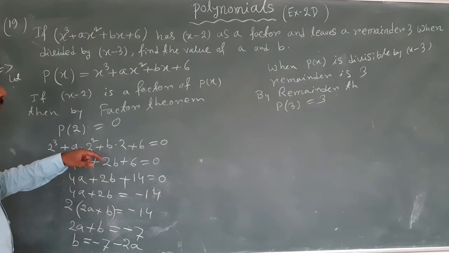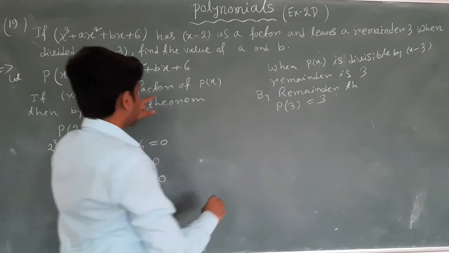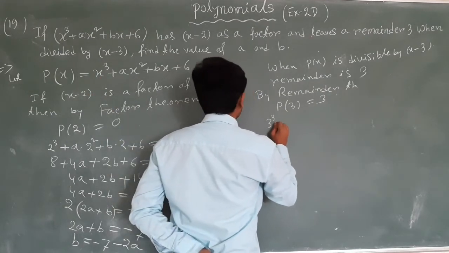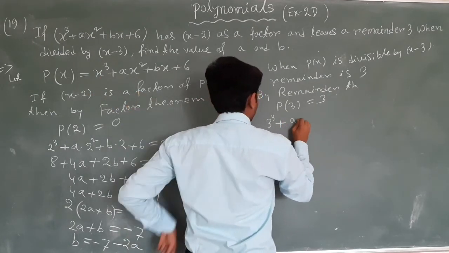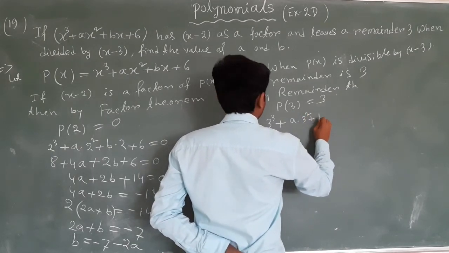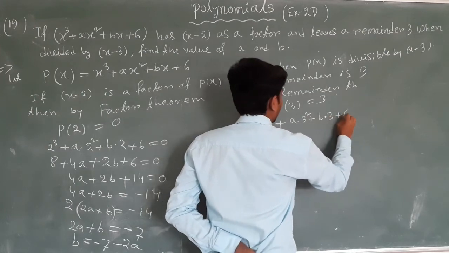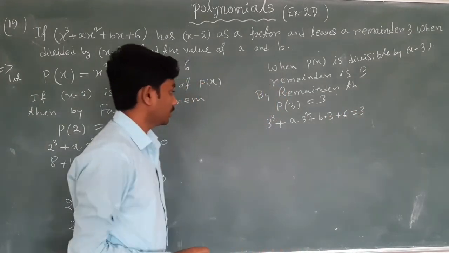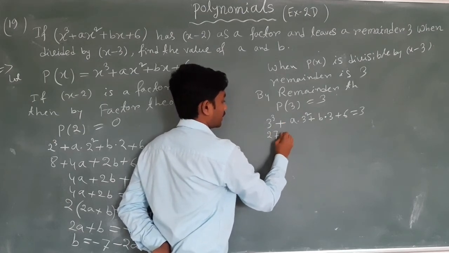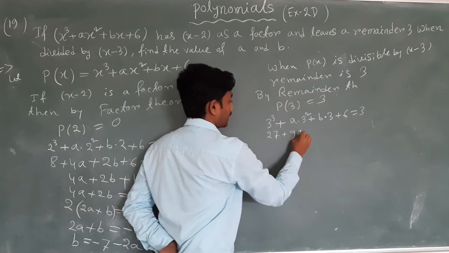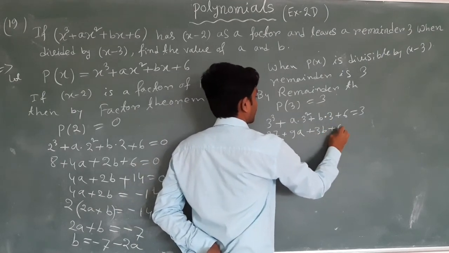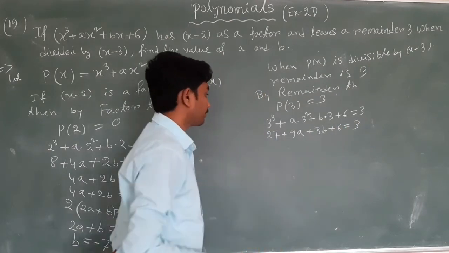So we put value of x in p(x). 3 cube plus a into 3 square plus b into 3 plus 6 is equal to 3. 3 cube equal to 27, 3 square equal to 9a, plus 3b plus 6 is equal to 3.